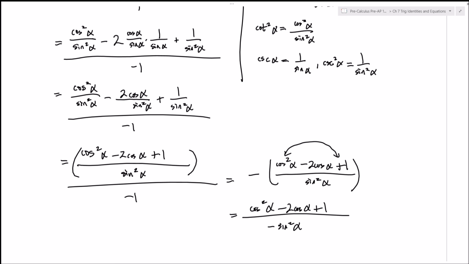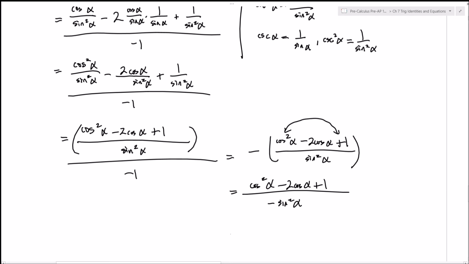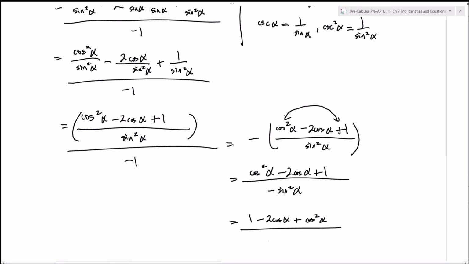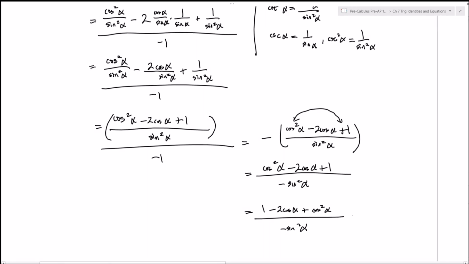If any one of those terms was negative and you're moving it, you make sure you move the negative sign with it. If it was positive, you make sure to move that plus sign with it too. So in this case, you could just rewrite this as 1 minus 2 cosine alpha, because that was a minus term, and then plus, because it was a positive term, cosine squared alpha, all divided by negative sine squared alpha. That's exactly what we wanted to prove.